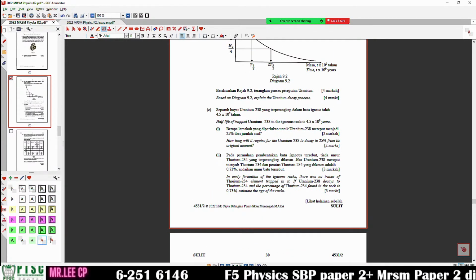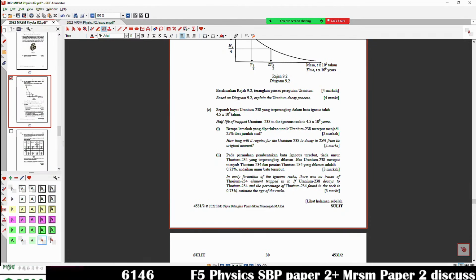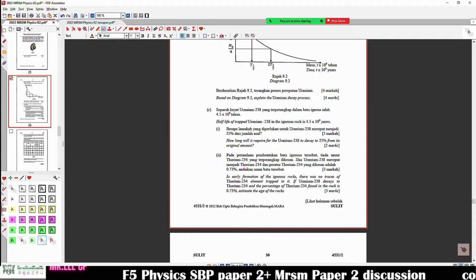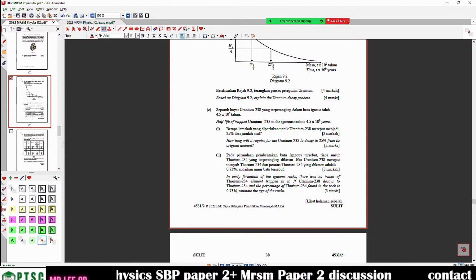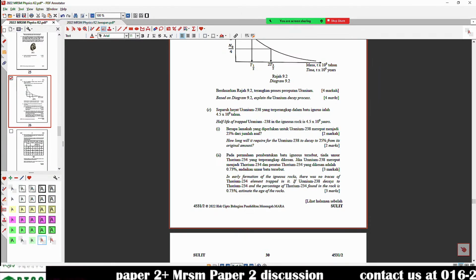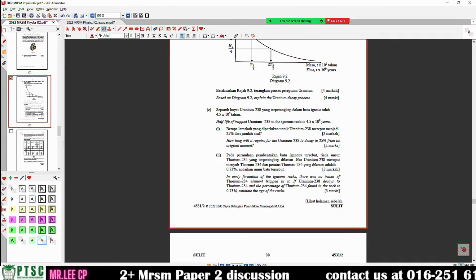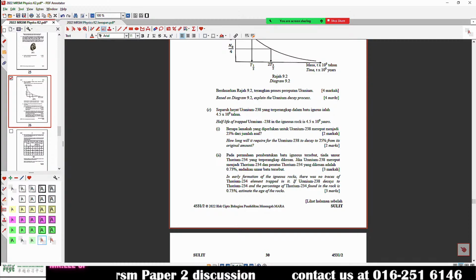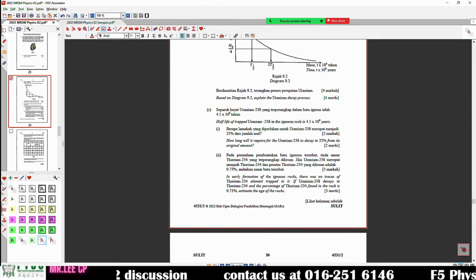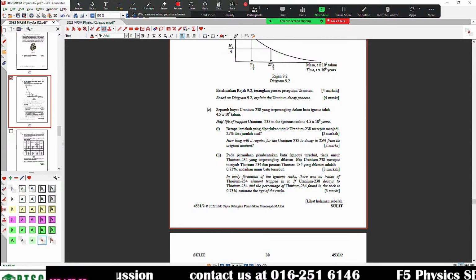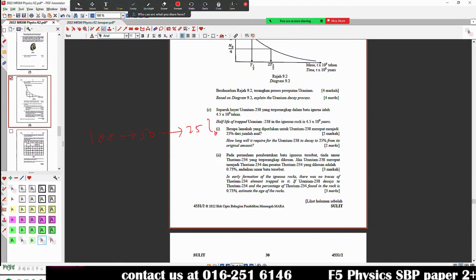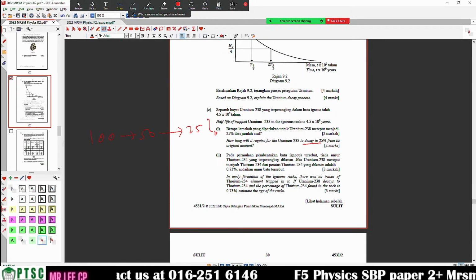Alright, this one is the half-life of uranium-238. It is 4.5 times 10 to the 9 years. How long does it require for uranium-238 to decay to 25% of its original? So first of all, you got 100%, and then it becomes 50%. 50% becomes 25%.